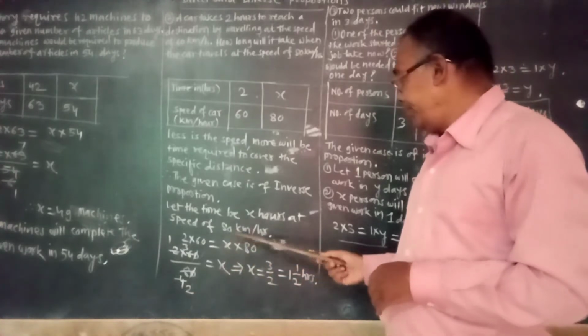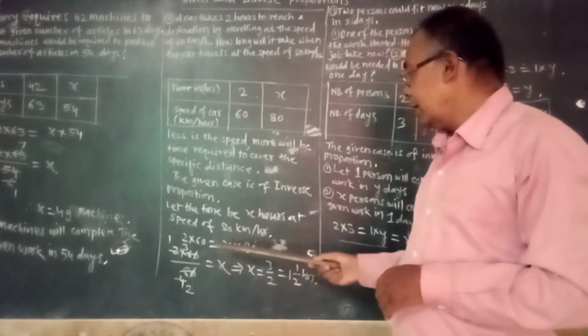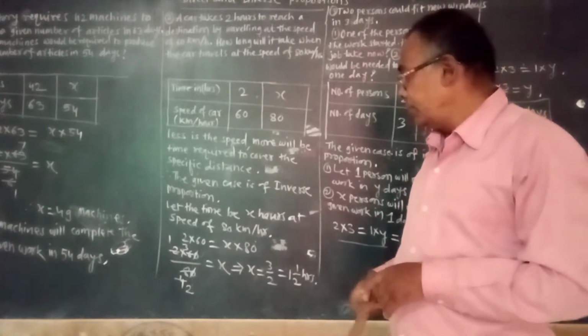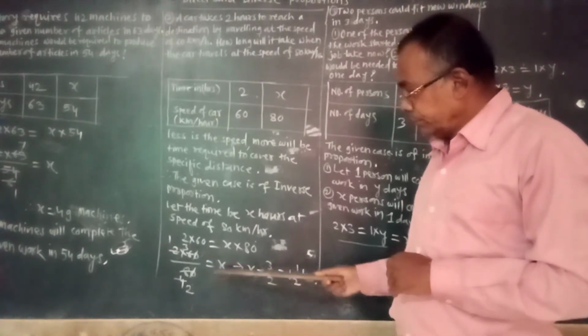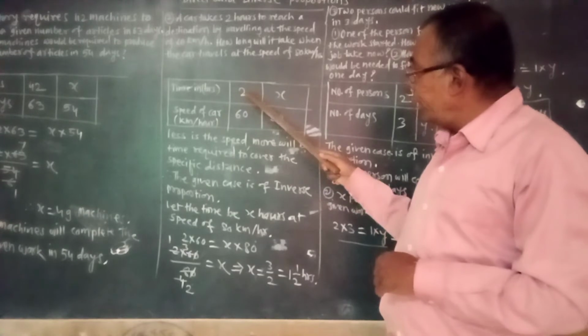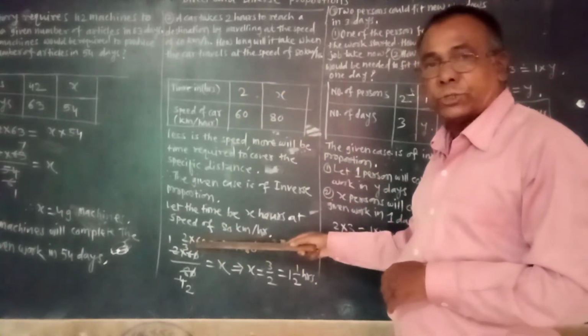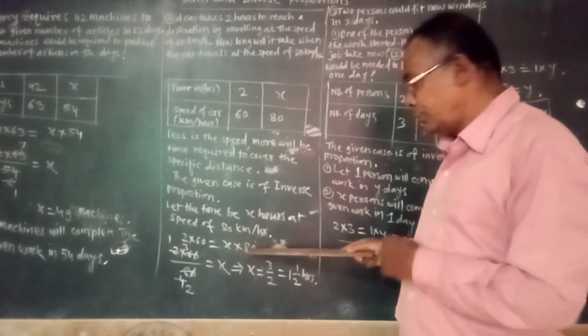Let the time be x hours at the speed of 80 kilometers per hour, and therefore here 2 into 60 is equal to x into 80.